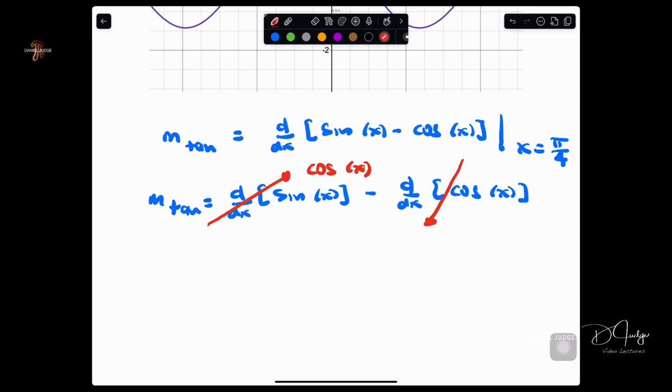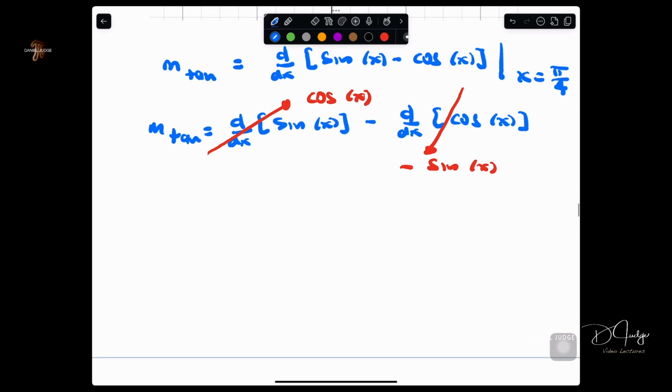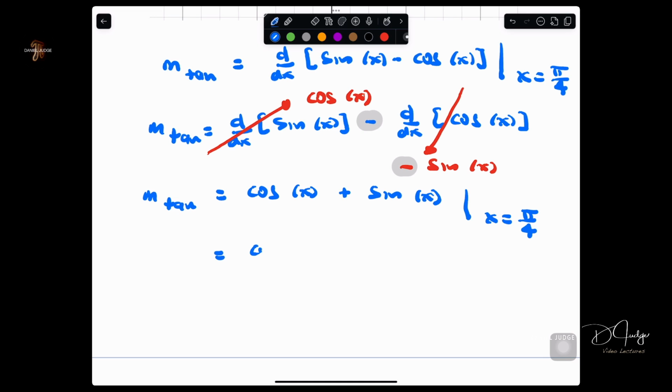The derivative of cosine is minus sine. So m tangent becomes cosine. Don't forget this is minus a minus, which makes that plus, at x equals pi over 4. So we're going to get cosine pi over 4 plus sine pi over 4.